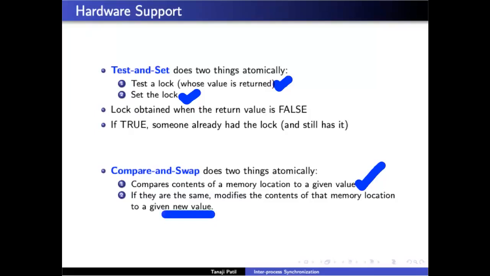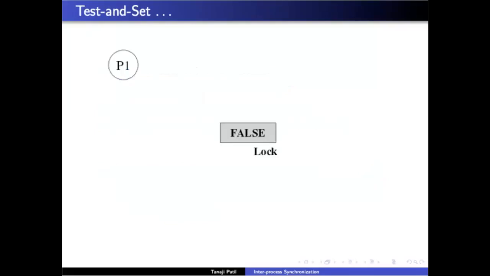A small demonstration I'd like to give here. Say, for example, this is for test and set, and the same idea can be extended to compare and swap also. Fine, so have a look here. Suppose this is one lock in the memory. Think of this as a lock variable whose current value is false.